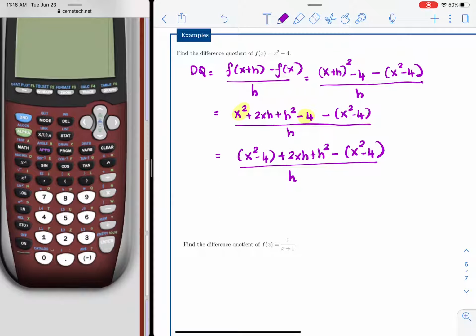And those two terms will get cancelled, and you'd have 2xh plus h squared divided by h. We have the h in common in the numerator, so h times 2x plus h, divided by h. The h's would go away. We simply have 2x plus h.